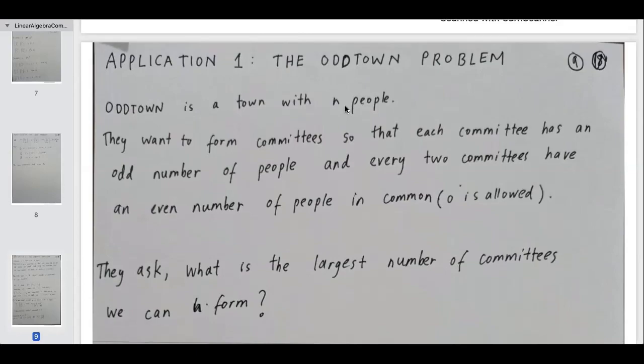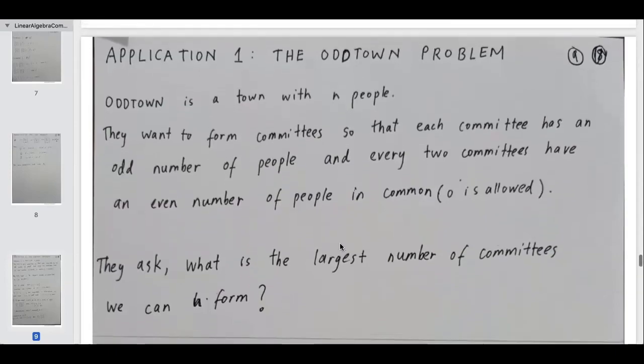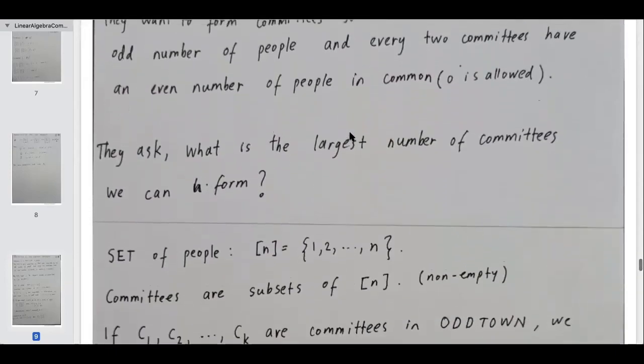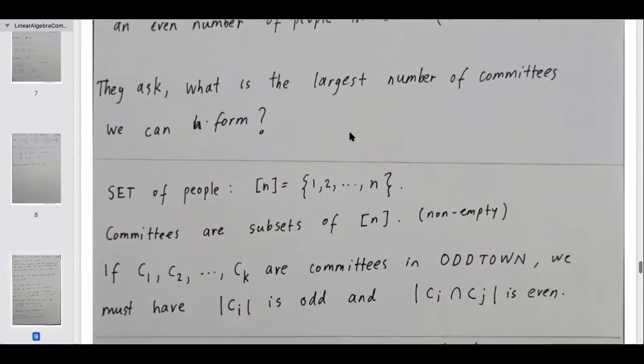So this problem asks, what's the maximum number of committees satisfying these two properties that we can have in this town? Okay. So let us just state this more mathematically.